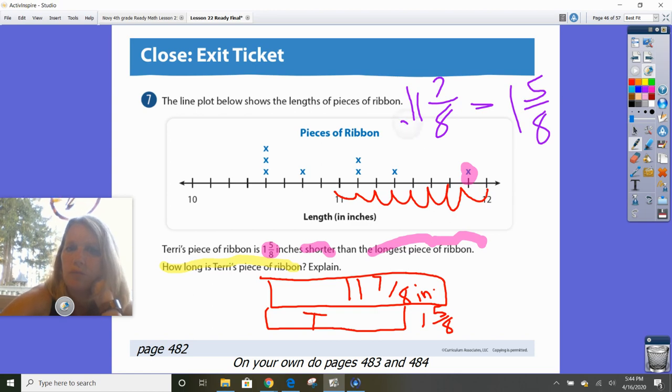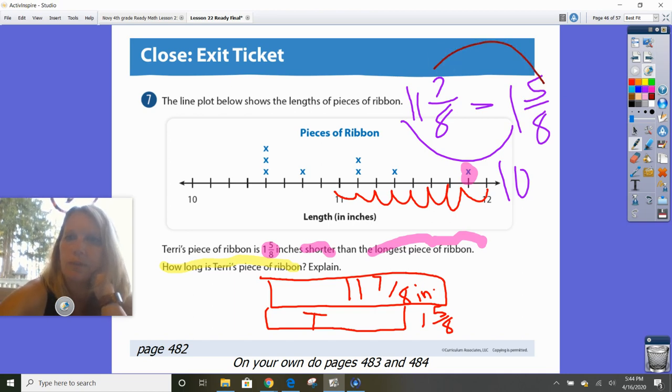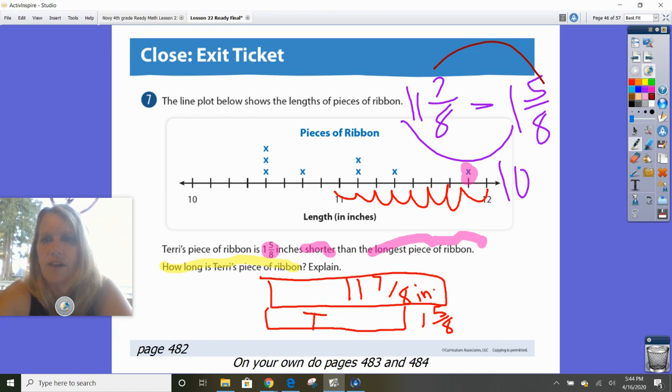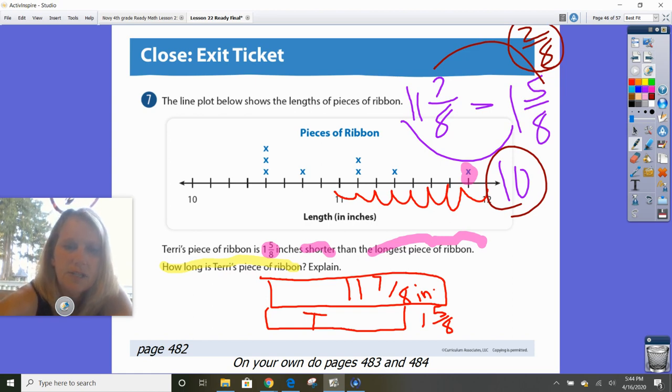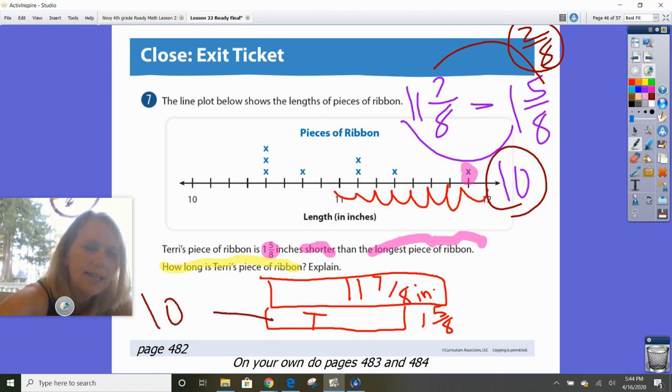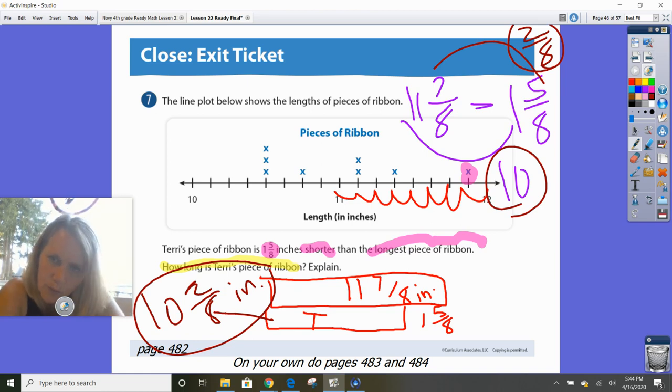I'm going to do my usual. Bring the wholes together. 11 minus 1 is 10. Get a different color. Bring the parts together. The fraction pieces. 7/8 minus 5/8 is 2/8. So put the 2/8 together with the 10. Means that Terry's piece right here is 10 2/8 inches, which is the same as 10 1/4, which is the same as 10.25.